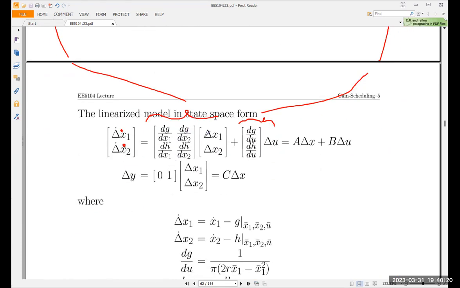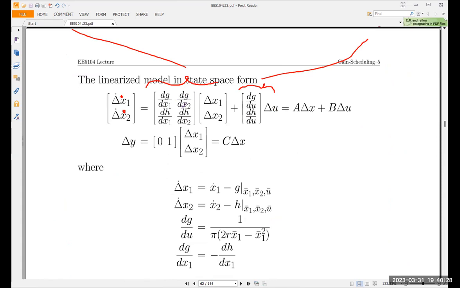Then after that, now this one is standard state space. With this, so I call this A. I call this B. I call this C. So this is a standard state space. It's a linear system now.